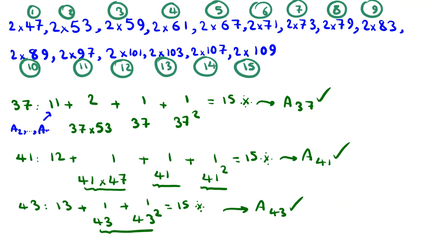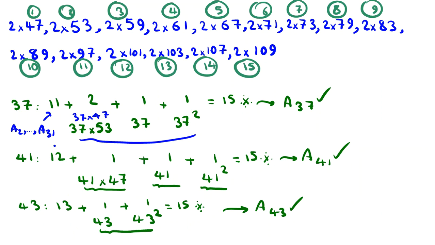To A31, we have 11 subsets, and if you consider 37 times 47, 37 times 53, we have 2 subsets here. You consider 37, 37 squared. We can prove easily if we don't have A37, all these elements are in different subsets. And 2 here, because 37 times 47, 37 times 53. So 2 plus 1 plus 1, 4 plus 11, 15, again contradiction, and we have A37.